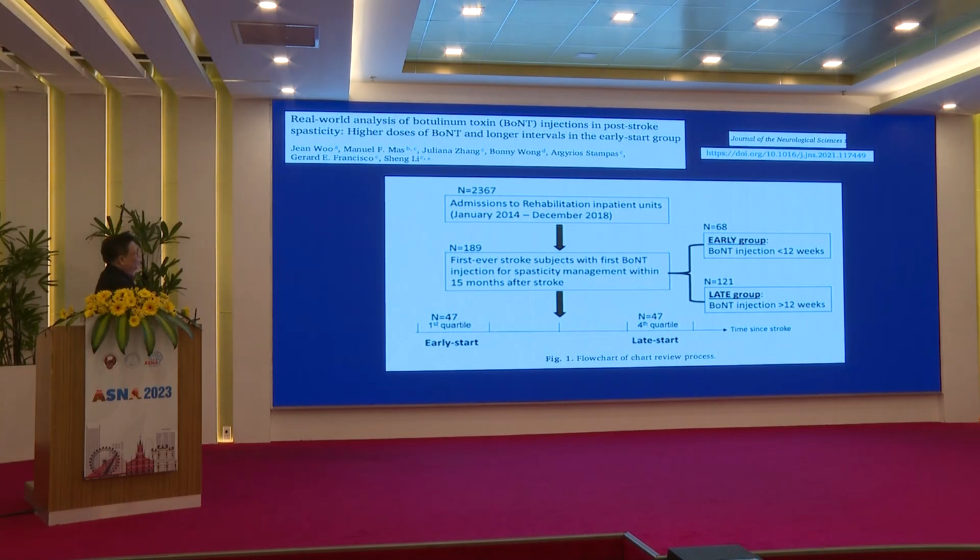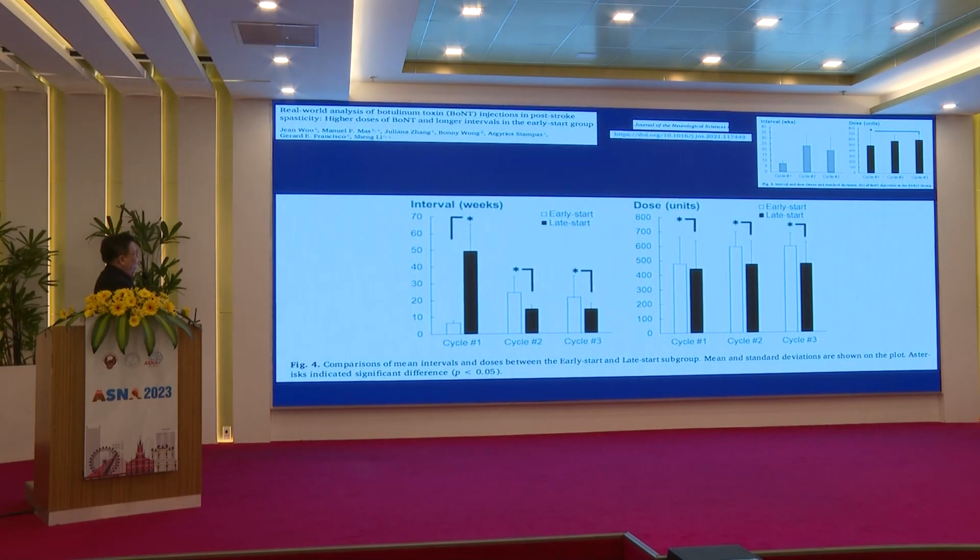Looking at early interventions, this was from the University of Texas group, and they looked at early versus late start botulinum toxin injections. But what is interesting here is that they tried to use higher doses of botulinum toxin in early intervention.